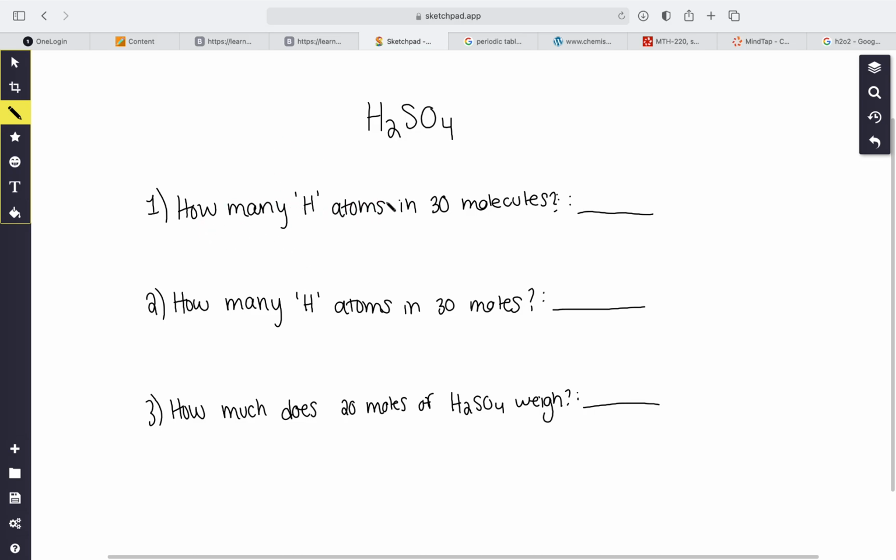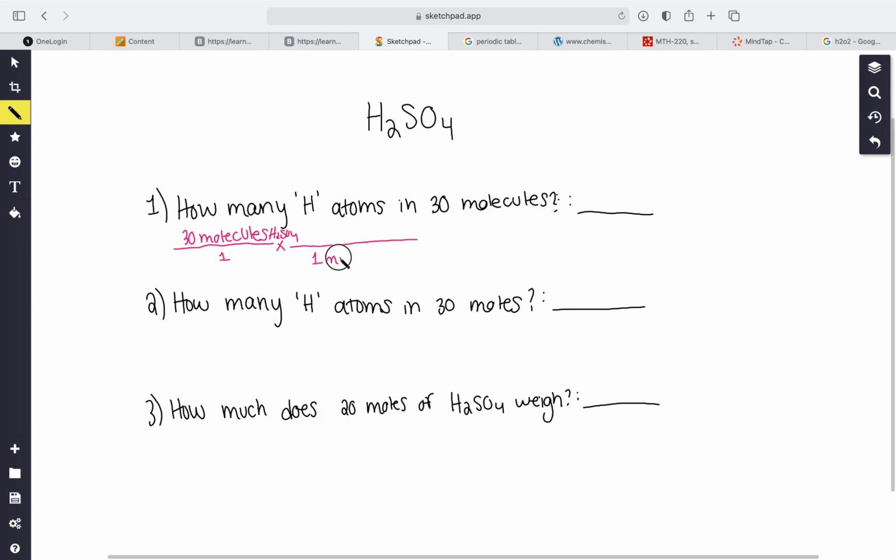So how many hydrogen atoms are in 30 molecules of H2SO4? We do the same thing. 30 molecules divided by 1 times, now we ask ourselves, how many hydrogens are in 1 molecule? Let me just distinguish that I'm talking about H2SO4.